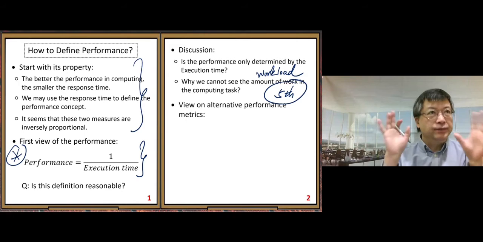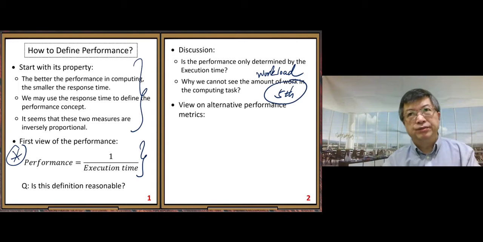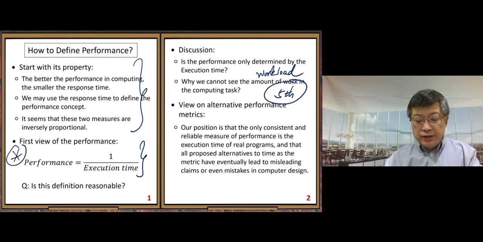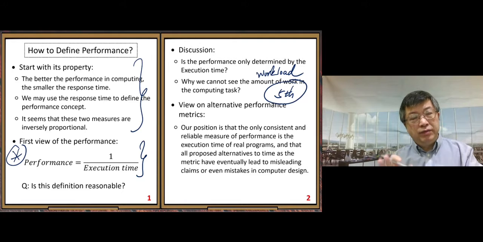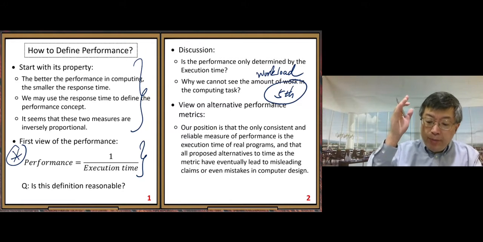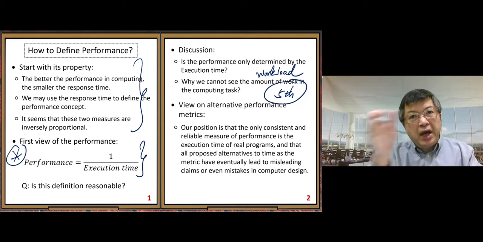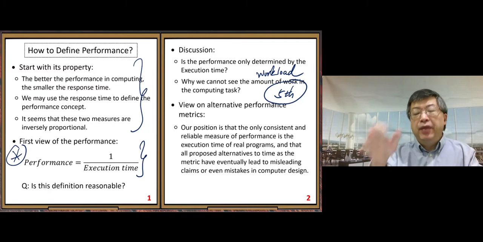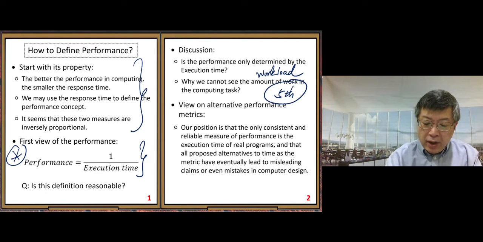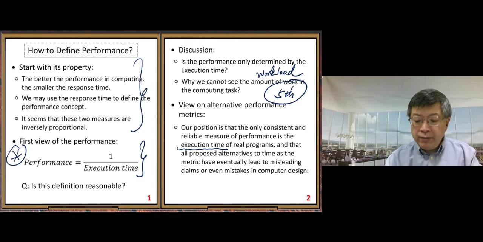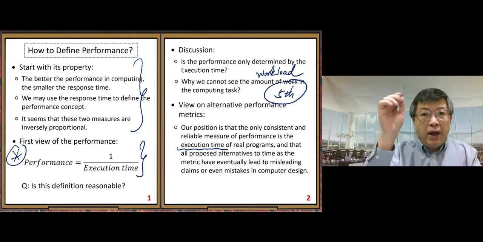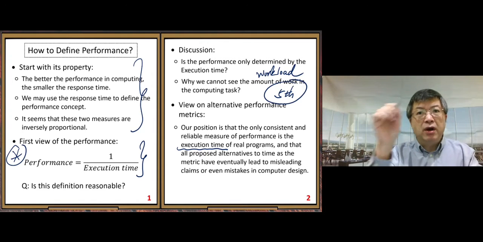So I copied that paragraph and put it here. This is the paragraph from the textbook. Our position is that the only consistent and reliable measure of performance is the execution time of real programs, and that all proposed alternatives.